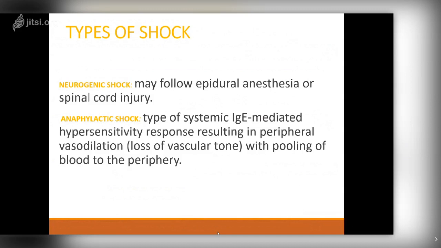Anaphylactic shock, to tell you the truth, in pathogenesis is similar to septic shock in some way, because in this case there is widespread vasodilation with pooling of the blood to the periphery, with reduction of blood flow and hypoxia to vital organs. This occurs due to release of IgE with activation of IgE type 1 hypersensitivity.